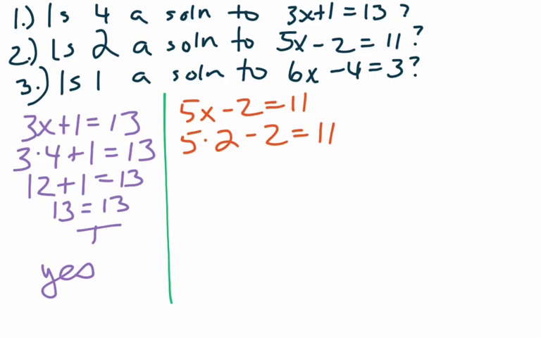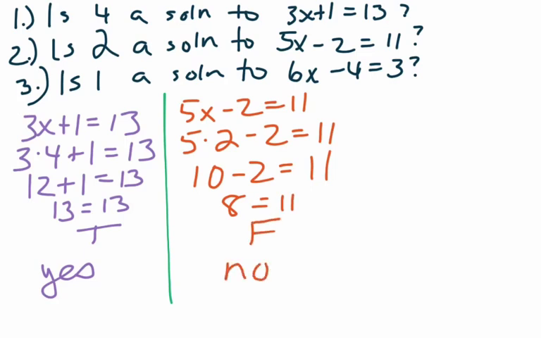Now that we've gone over how to simplify expressions with numbers in them, do correct order of operations, and substitute in, layering on the next topic shouldn't be too bad. If it is, you want to go back and review some of the earlier lessons and get some additional practice. 5 times 2 is 10. 10 minus 2 is 8, and I end up with 8 is equal to 11, which is a false statement, so that is not a solution.